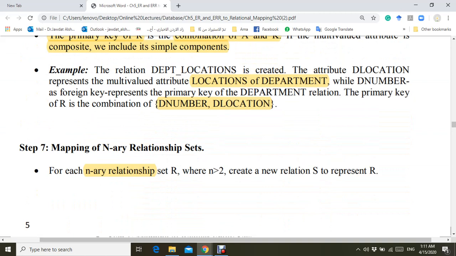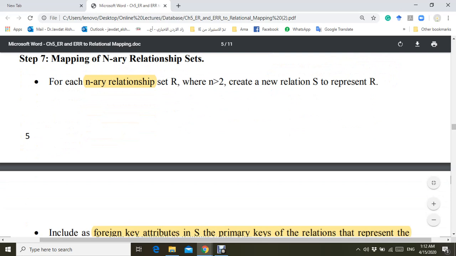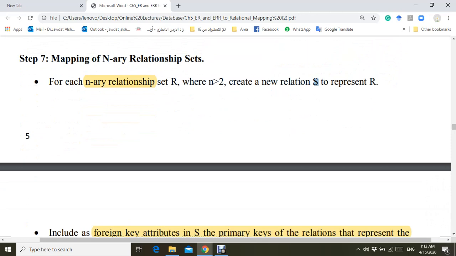This means the number of entities is greater than two, so we have to create a new relation, we call it S for example, to represent this n-ary relation R.